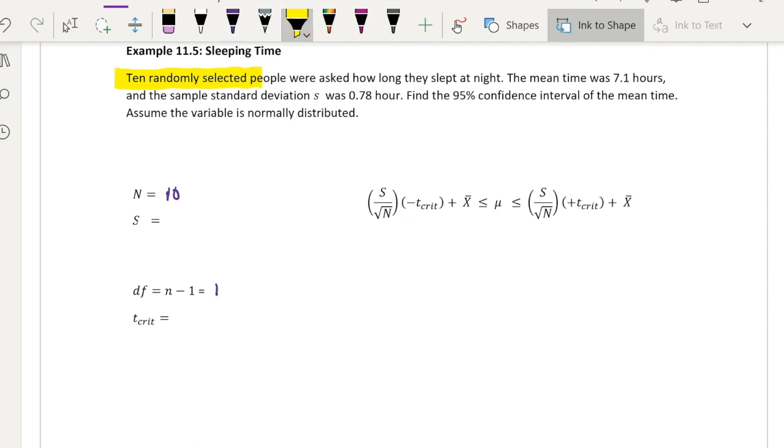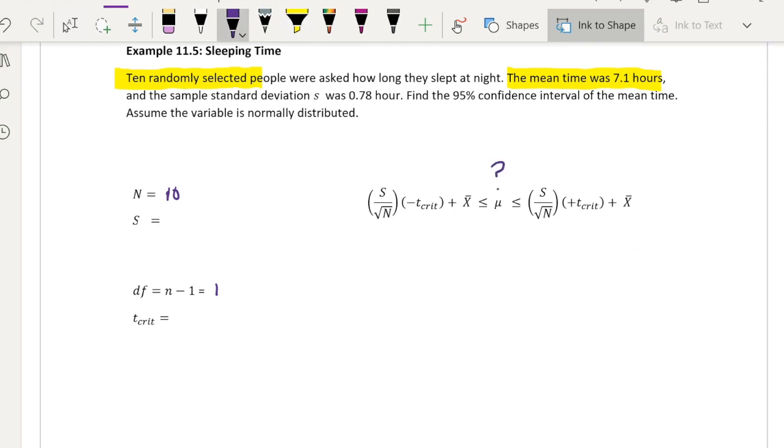Let's keep reading this. The mean time was 7.1. So it's a mean. You need to ask yourselves, is it a sample mean or is it a population mean? Spoiler alert, it's always going to be the sample mean, because for a confidence interval, we don't know what the population mean is.